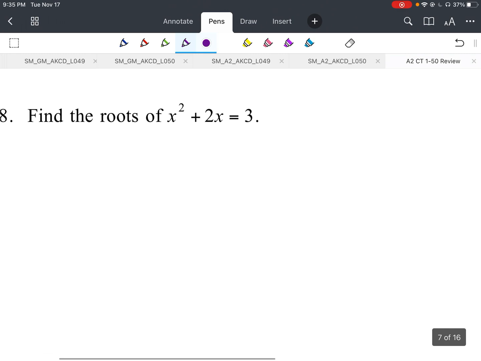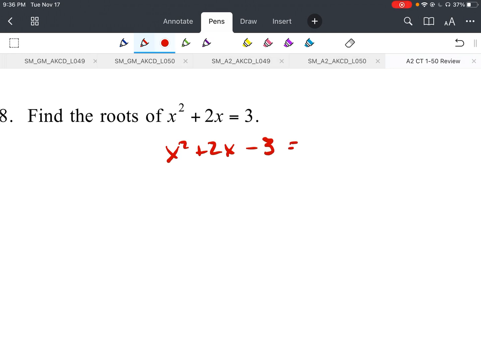All right, last couple, find the roots. How do you find the roots? Roots are when it equals 0. So just x squared plus 2x minus 3 equals 0. Okay, so to find the roots of this, you factor it if possible. And so x and 3 and 1.